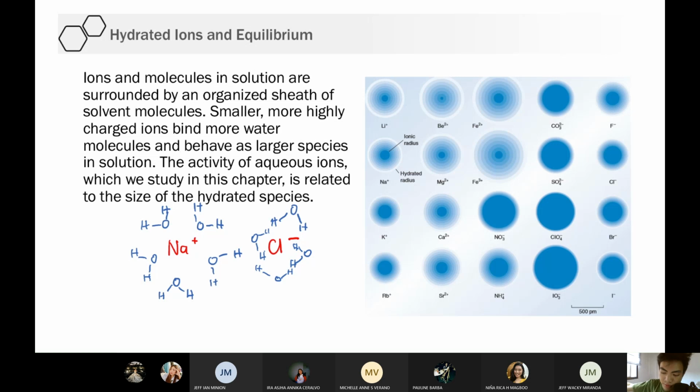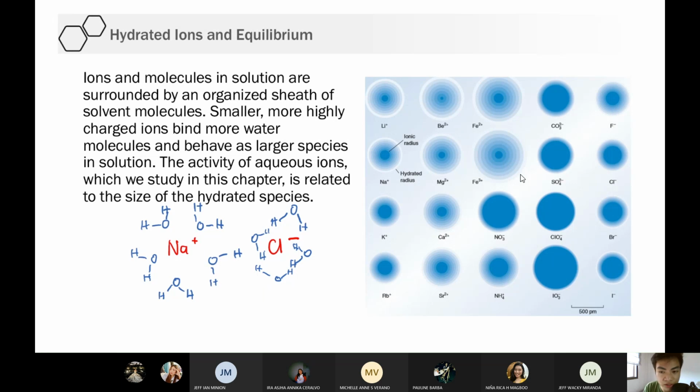The smaller highly charged ions bind more water molecules and behave as larger species in the solution. So the size of the hydration sphere may vary depending on the charge of your ion. Suppose your ion is highly positively charged, then it will attract more water molecules around it, so its hydration sphere will be bigger. In this picture on the right side, we have different hydration spheres of different ions.